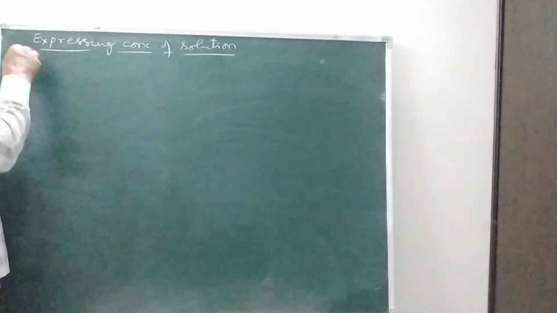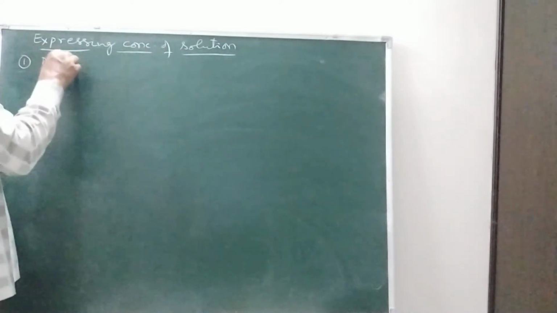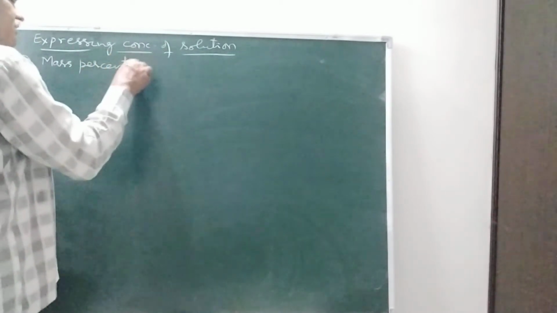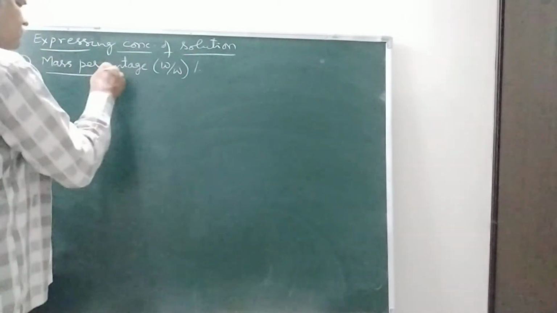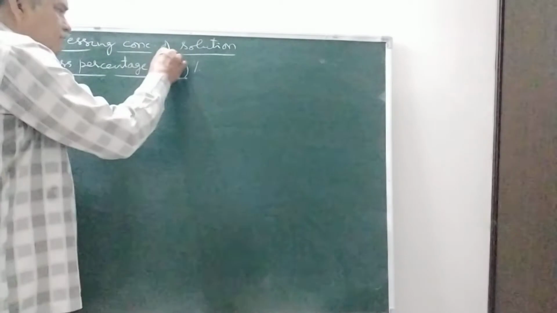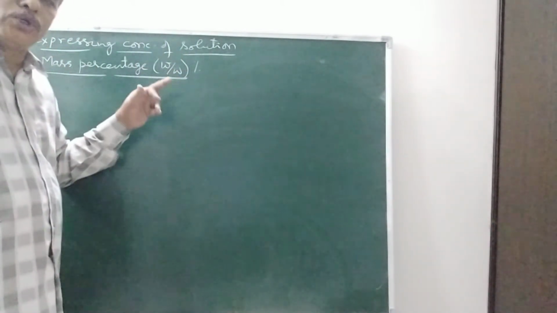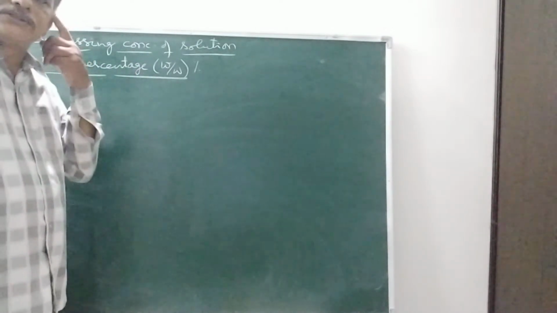1. Mass by mass percentage, or mass percentage. It is also known as W by W percentage. What is meant by W by W percentage? Weight of solute present per 100 grams of solution is called mass percentage of that solution.